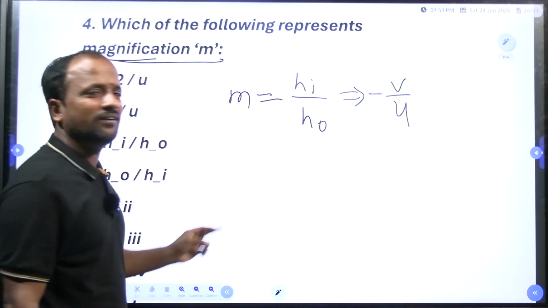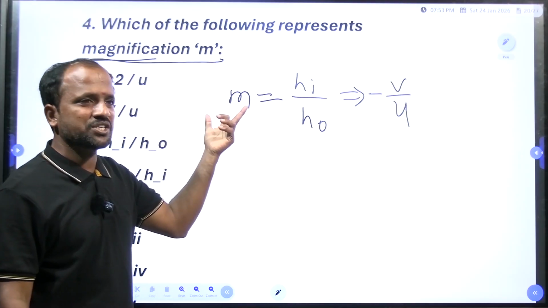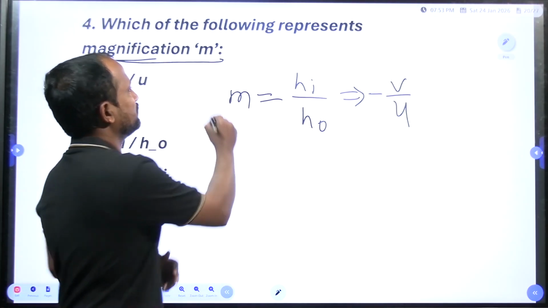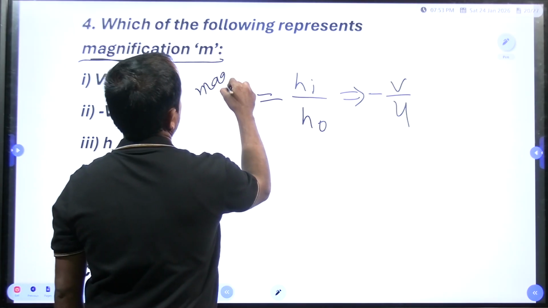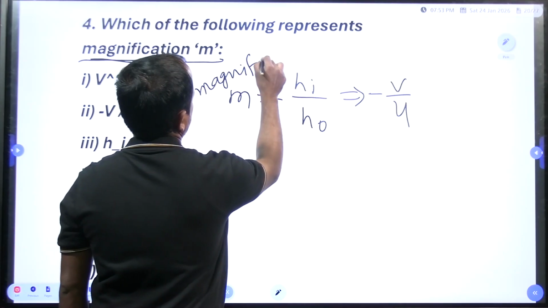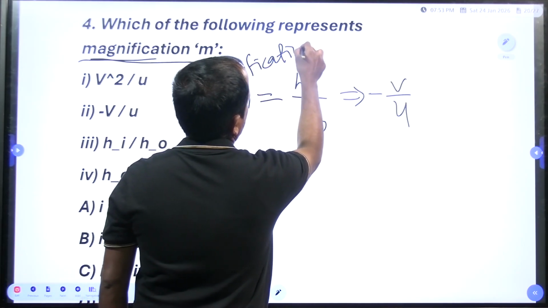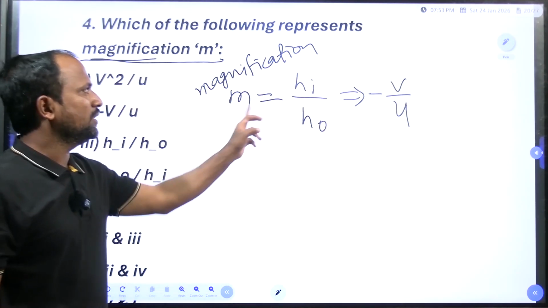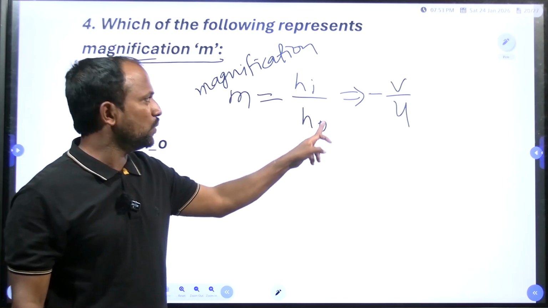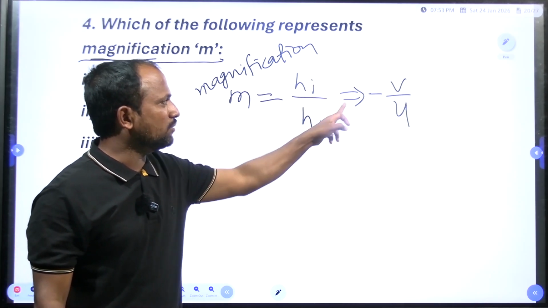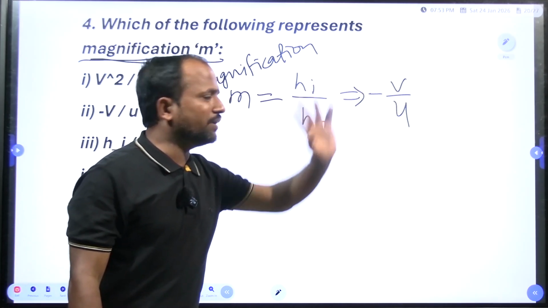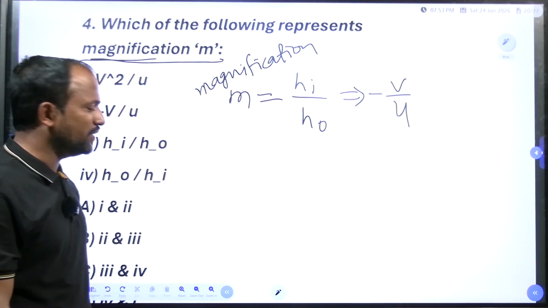So what is the formula? Magnification formula: m is equals to hi by ho, height of the image by height of the object, is equals to minus v by u. This is the formula you are going to use.